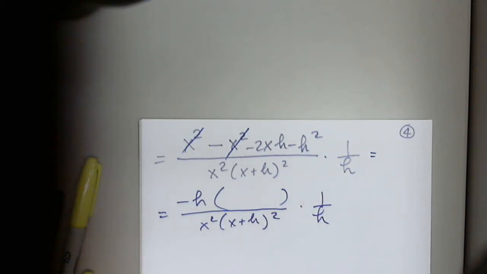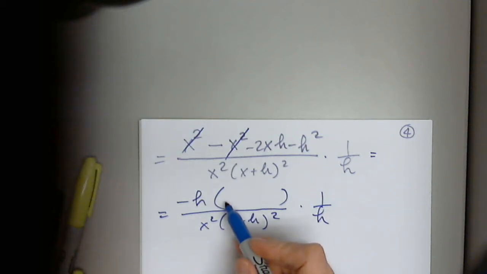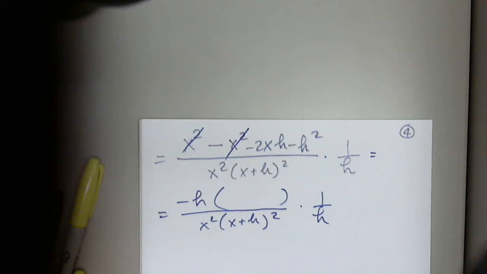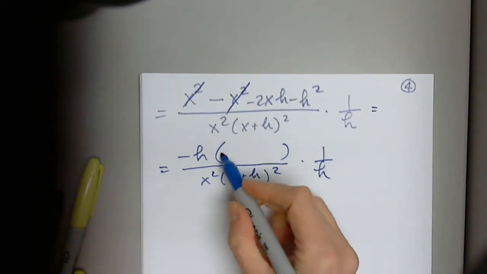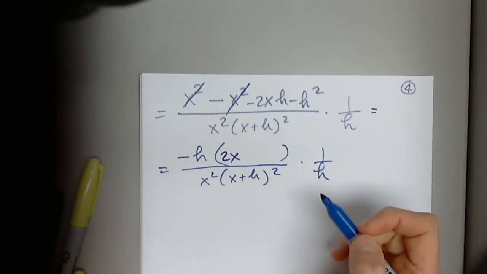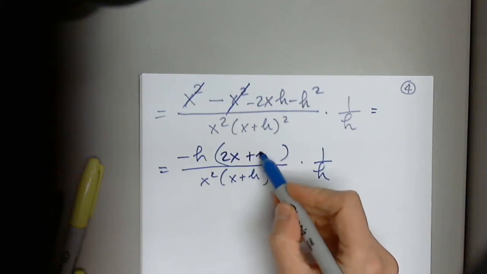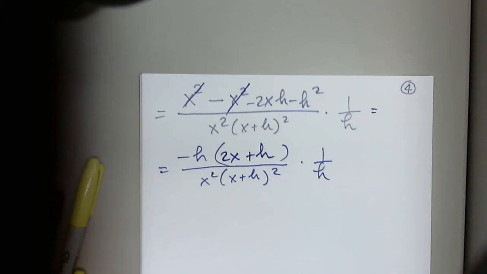What is left in parentheses? And how many terms? 2x. Yes? Awesome. Minus h. Very good. Do we all agree with negative 2x minus h?